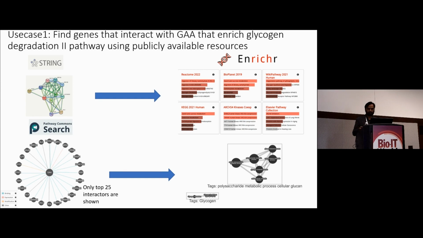It happens to be 25. And then you take all those interactors and use another tool called EnrichR, which pretty much queries multiple pathway databases and provides you with information on whether something is enriched or not. And again, it gives you something similar to what I'm looking for, but by no means does it give me the information that I'm exactly looking for, right?